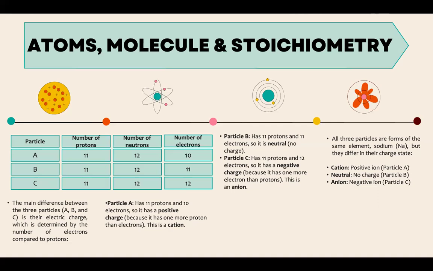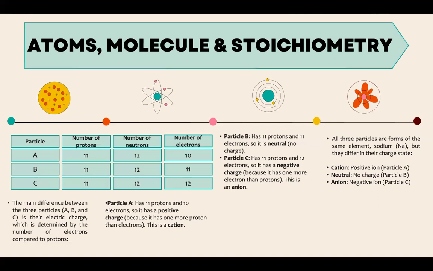This is a cation. Particle B has 11 protons and 11 electrons, so it is neutral, no charge. And particle C has 11 protons and 12 electrons, so it has a negative charge because it has one more electron than protons, and this is an anion.